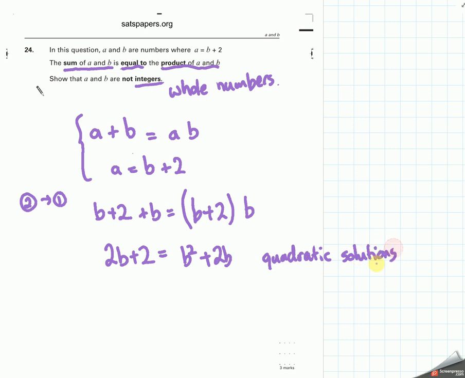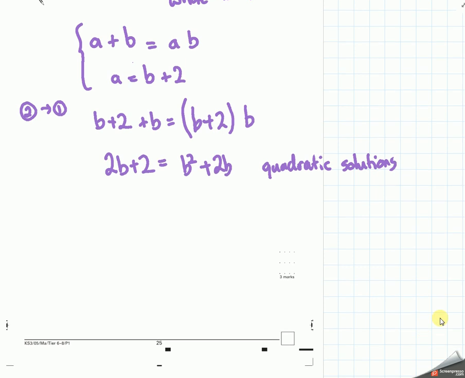So we're going to do a quadratic solution. Rearrange the equation. The B's cancel. So, sorry, take the 2B to that side, minus 2B, minus 2. 2B's cancel, so I'm left with B squared minus 2 is equal to 0.